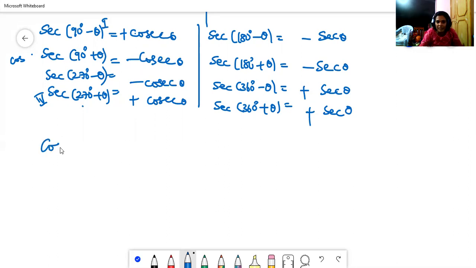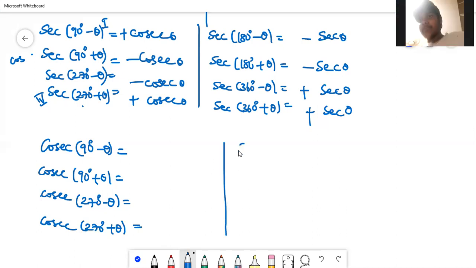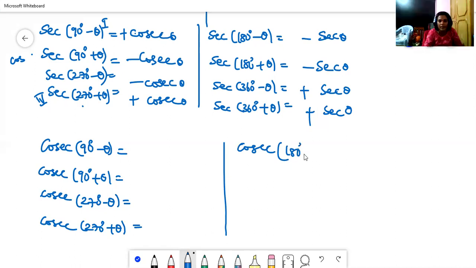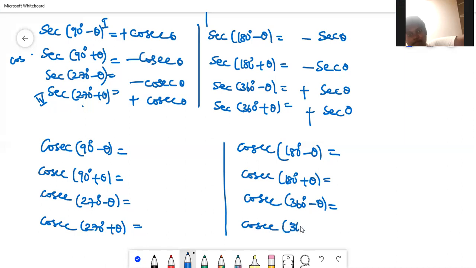The last case, cosec: cosec 90 degrees minus theta, cosec 90 degrees plus theta, cosec 270 degrees minus theta, cosec 270 degrees plus theta, cosec 180 degrees minus theta, cosec 180 degrees plus theta, cosec 360 degrees minus theta, cosec 360 degrees plus theta.